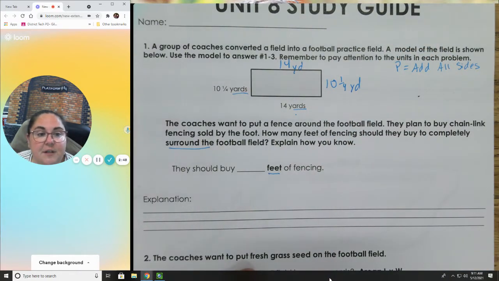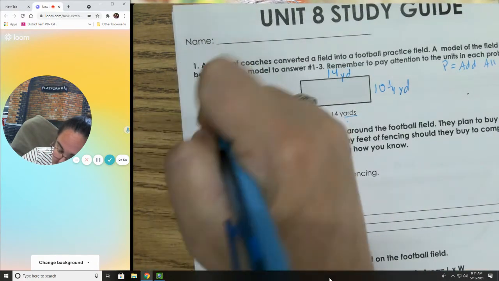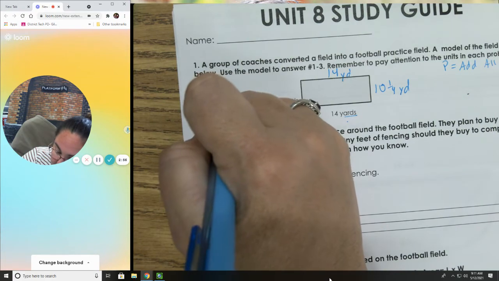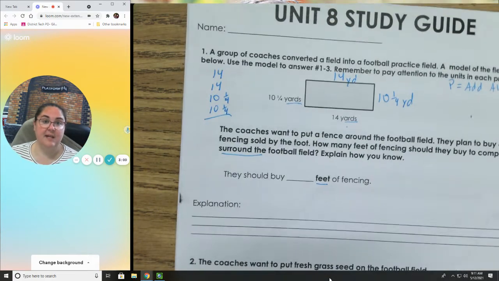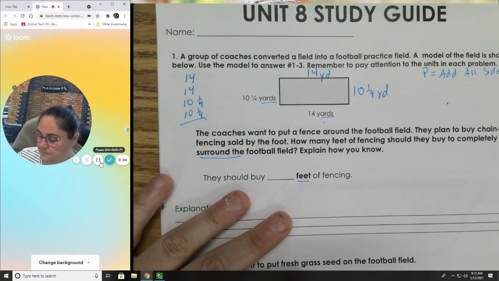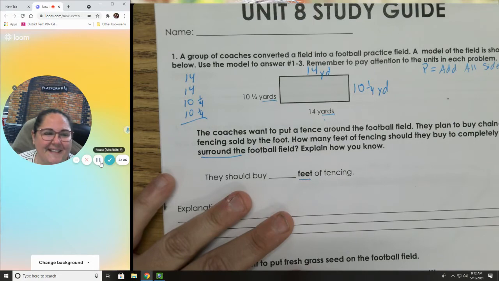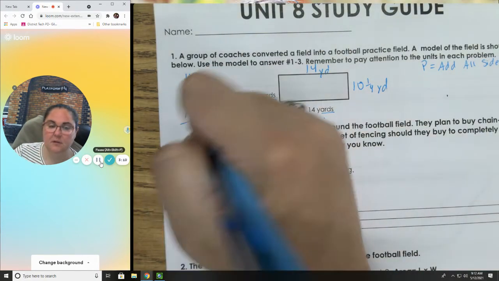So the first thing I'm going to do is I'm going to add them together. So what is 14 plus 14 plus 10 1/4 plus 10 1/4? Add those together. What do you get? Well, I know that 1/4 plus 1/4 is 2/4.